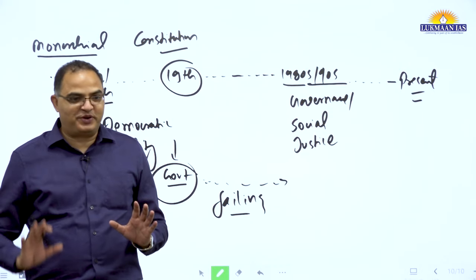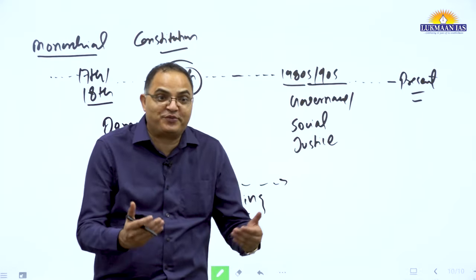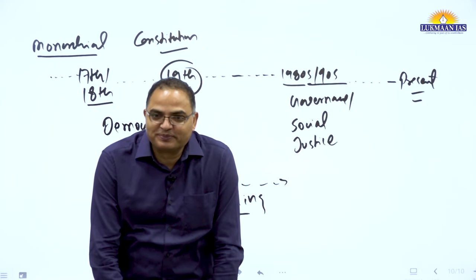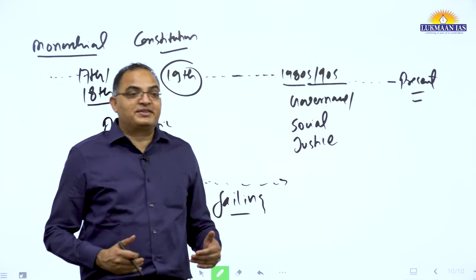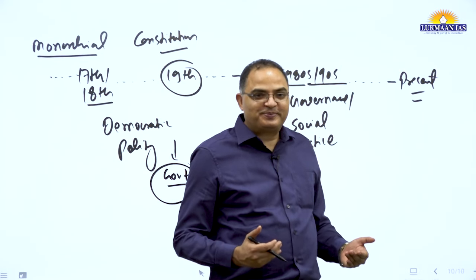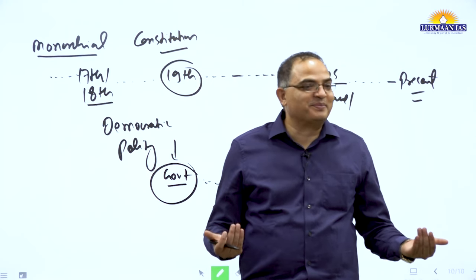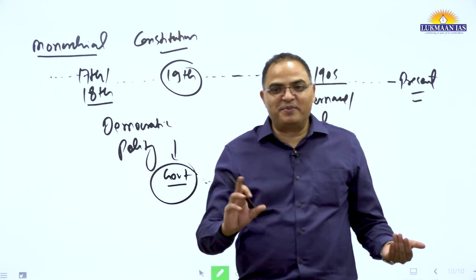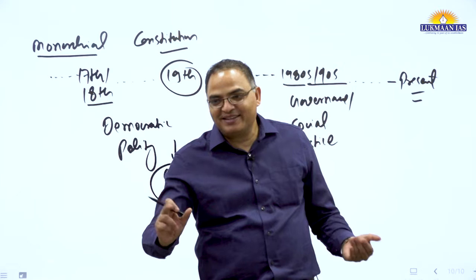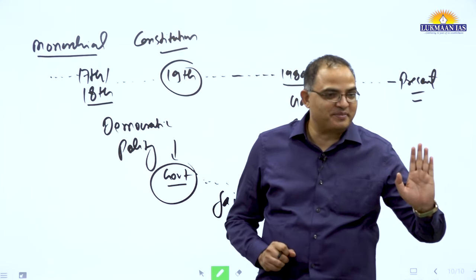The constitution, fundamental rights, and still he writes a theory of justice. Then Amartya Sen writes the capability approach, and he said development means freedom. He does not say development means growth. Development means freedom.